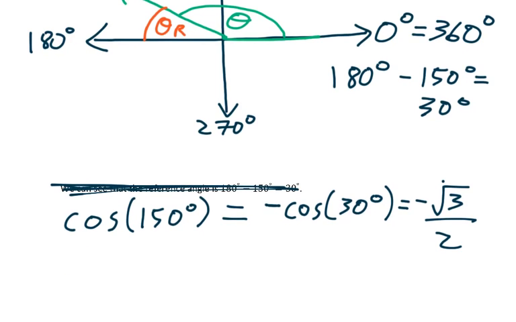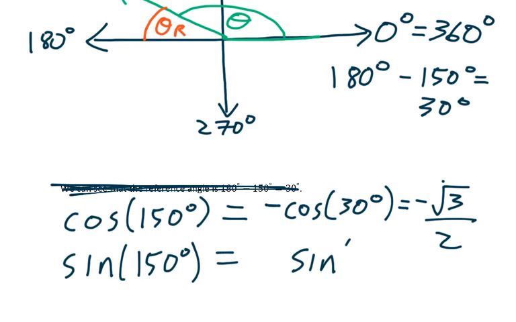Okay, good. Now for sine of 150 degrees, we're going to have this. But since we're in quadrant 2, our answer for sine of 150 degrees has to be positive. So we're not going to negate this, and here we're actually going to get just 1 over 2.